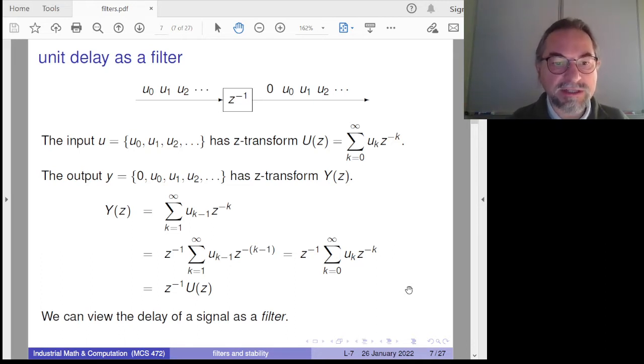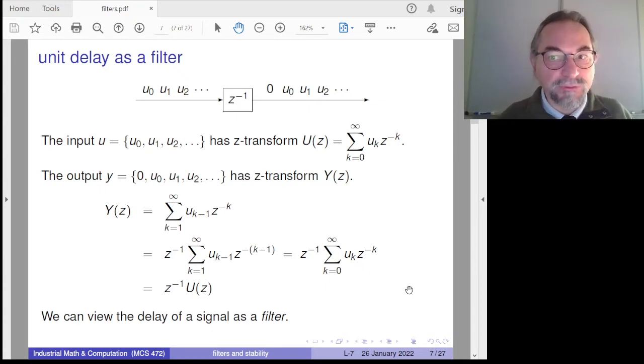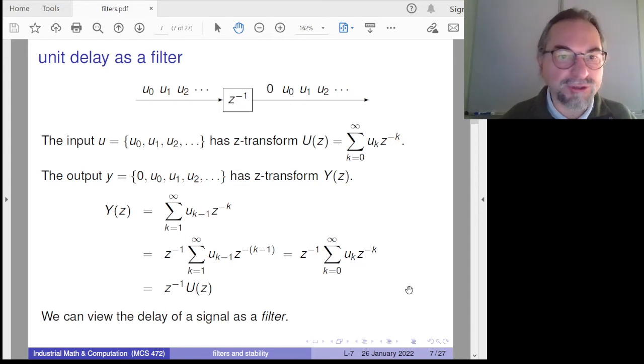In lecture 6, by the definition, I said that the Z-transform of the delayed signal is the Z-transform of the original signal divided by Z. Here this is worked out a little more formally than last time. But the point of this slide is that it's not just repetition of what we did before. The point here is a different viewpoint.